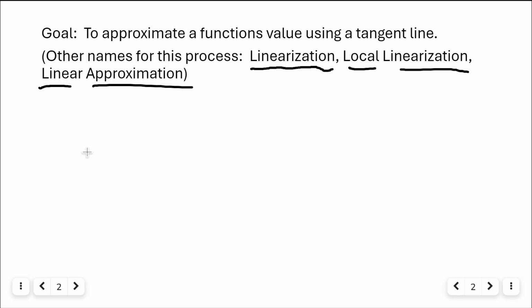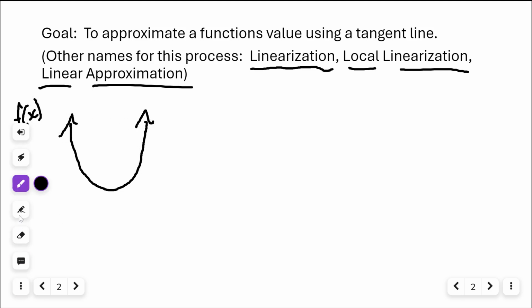Okay, so here's the idea. I'm going to have a curve, and let's say I'm going to call it f of x. I could pick any point that I wanted to and draw the tangent line at that point. Pick a point, draw the tangent line. There it is, there's my tangent line.